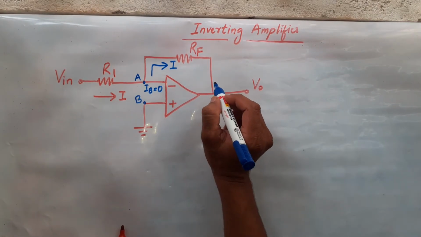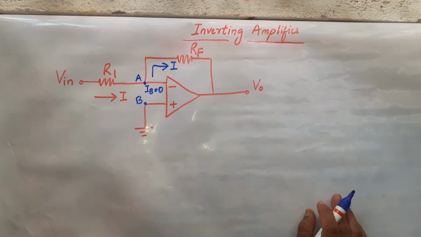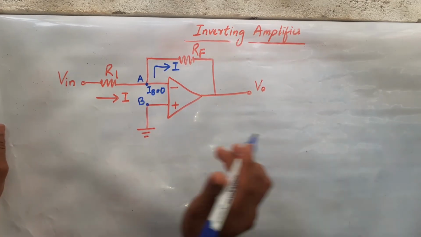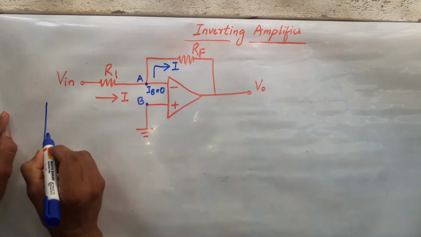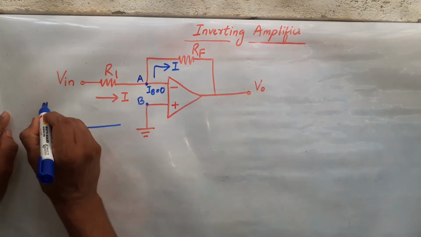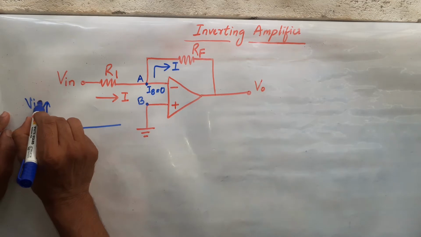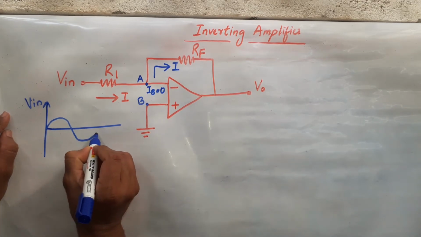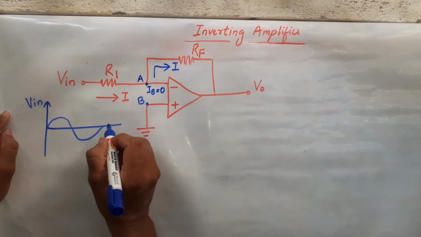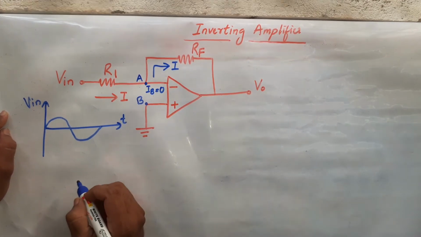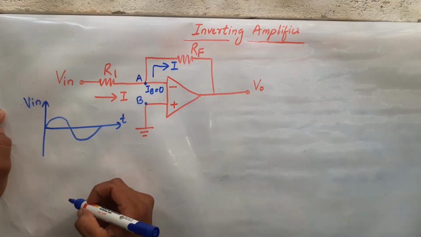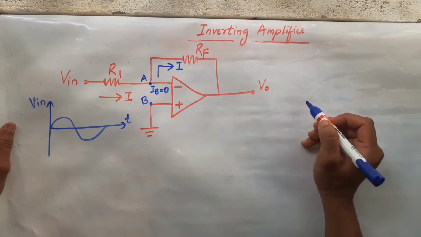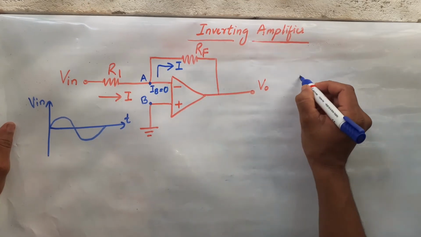Now let me show you what will be the output for a particular input. Suppose this is your input V in. This input you have applied. Now what will be your output?